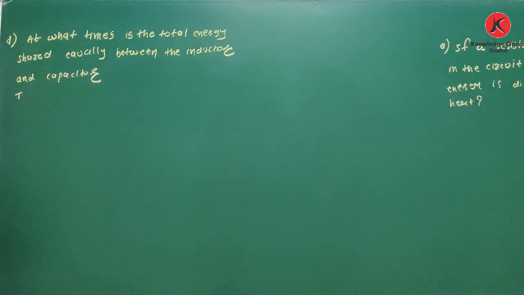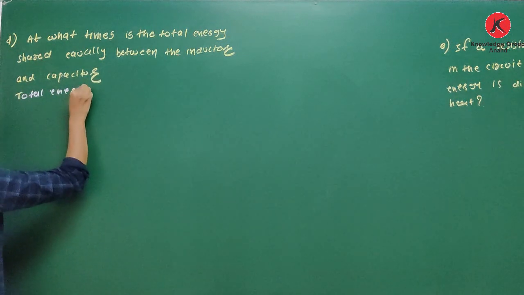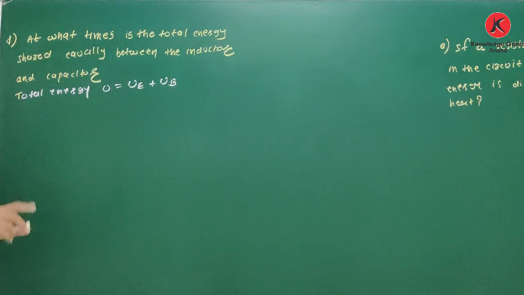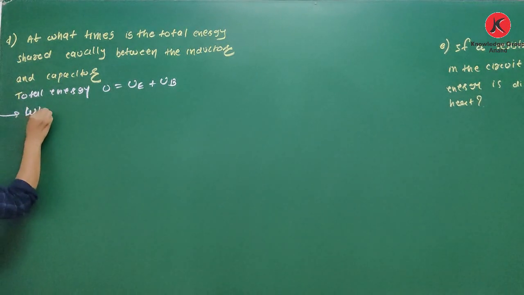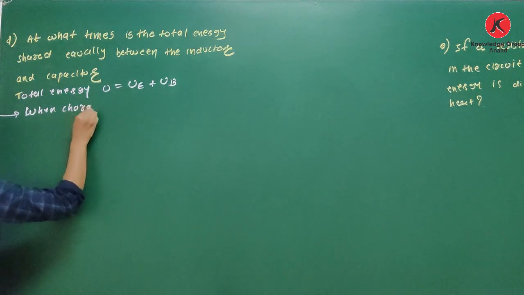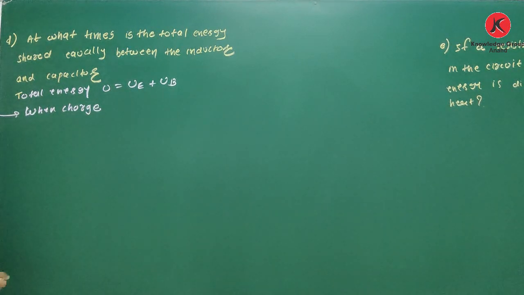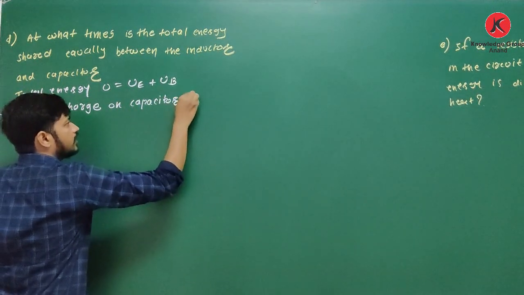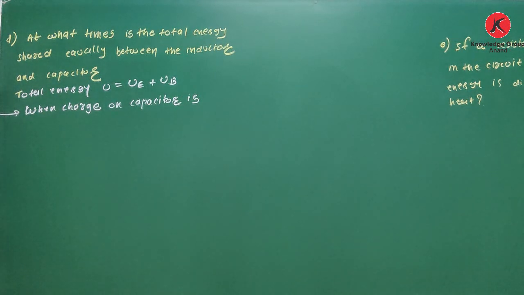See, we know that total energy U is equal to UE plus UB. But you have to find times when this total energy is equally shared between inductor and capacitor. So I am assuming when charge on capacitor is Q dash.